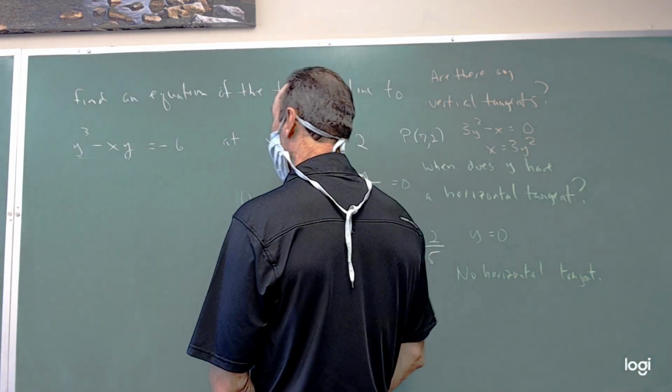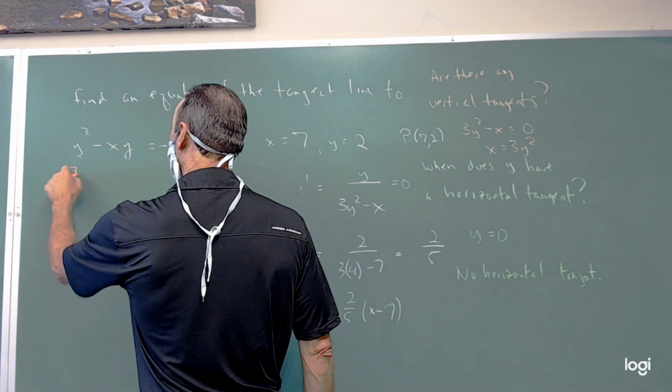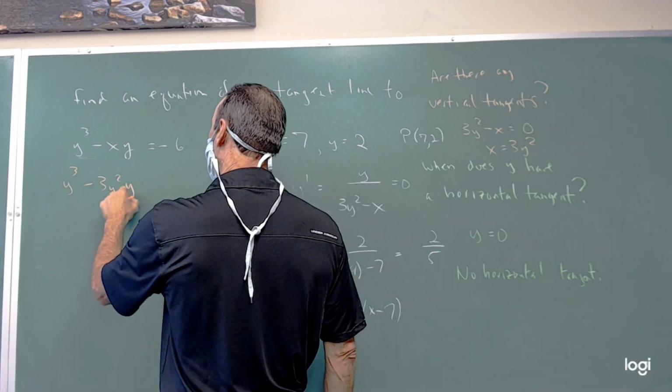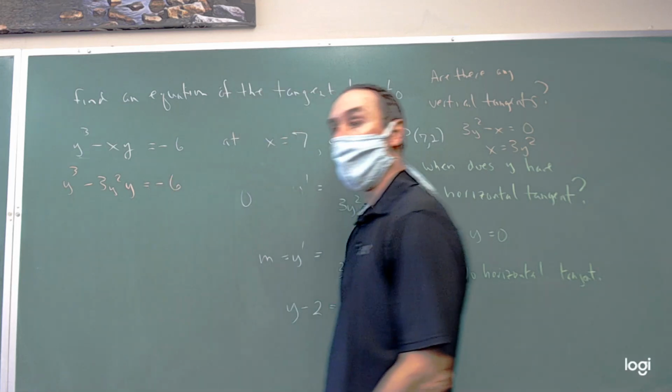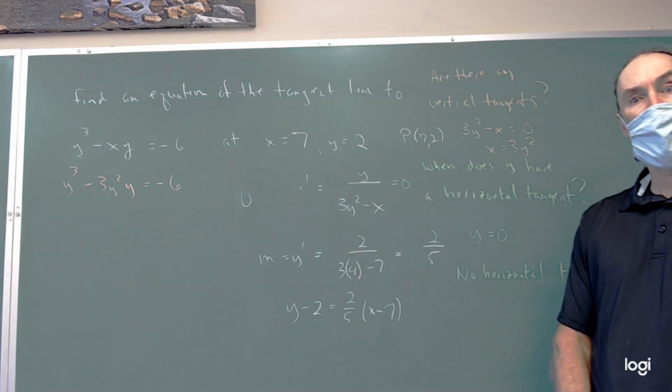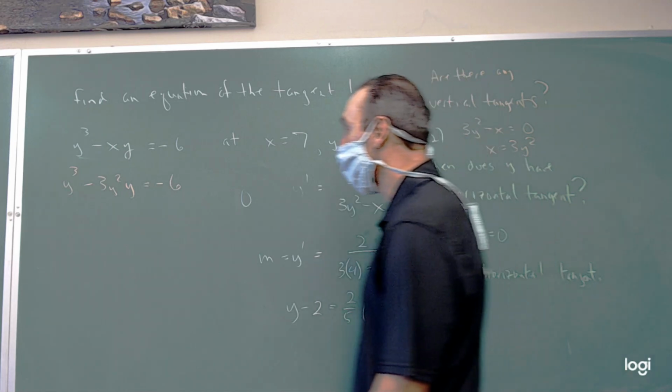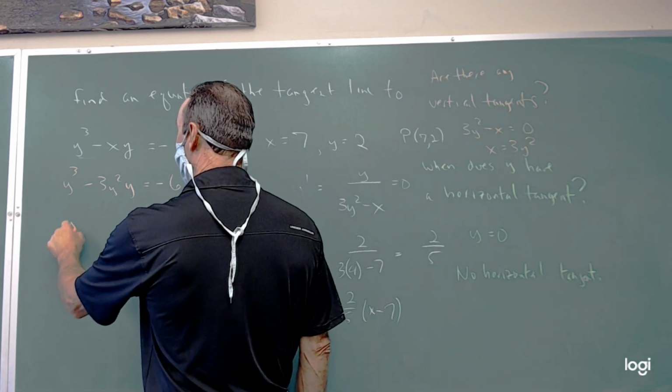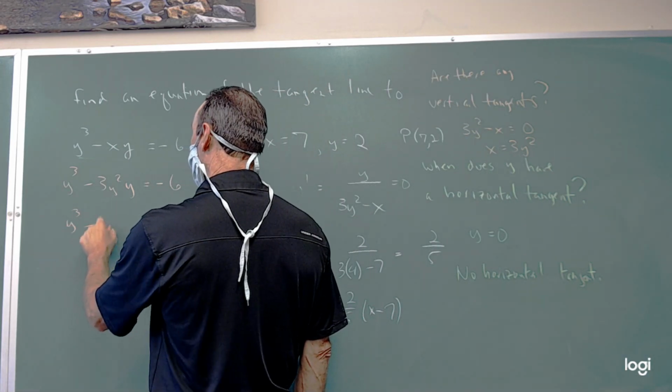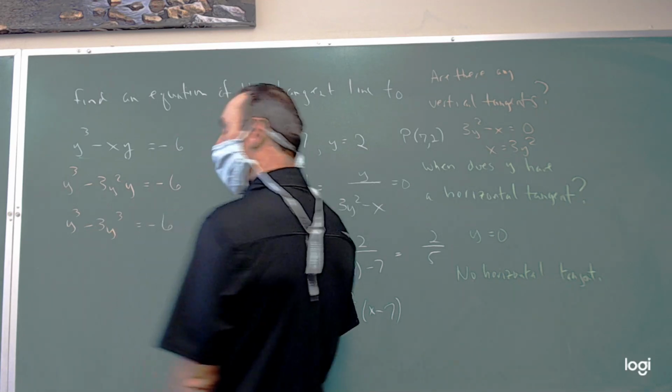So if we plug in 3y squared for the x, you with me there? So we would get y cubed minus 3y cubed equals -6.